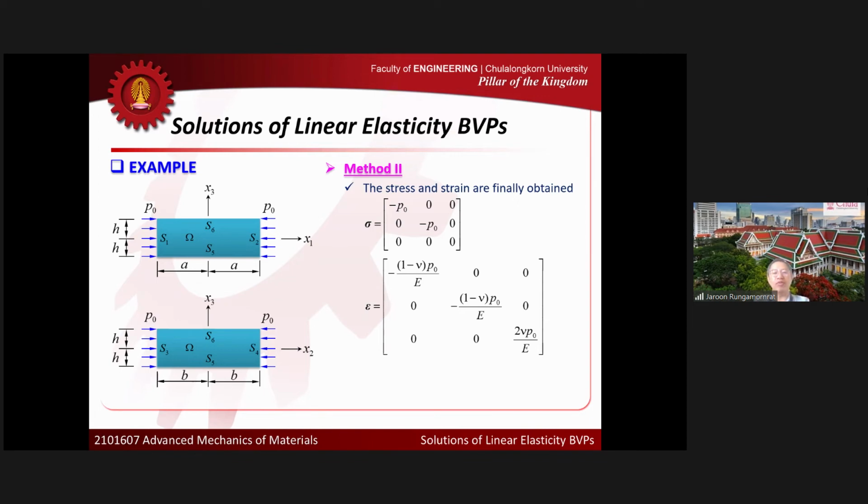Now you have to realize that the one that you guessed may not be a good choice. You have to go back and correct the guessed form and verify it again and again until you get the final one. You may not be able to get the final one if the problem is more complicated than this.